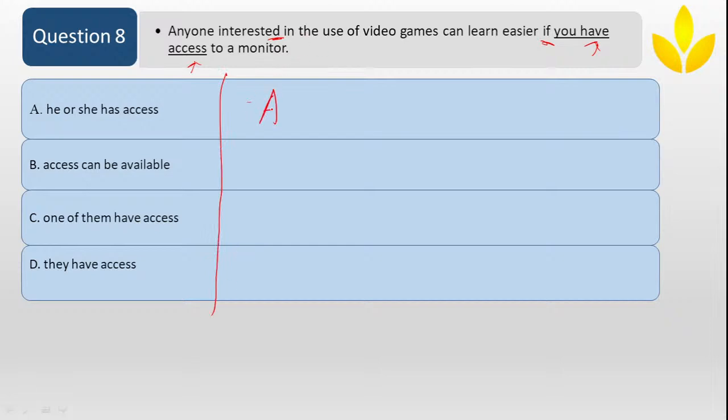Then they have used a pronoun anyone. Anyone is an indefinite pronoun. When we look at indefinite pronoun, can we reveal about gender? Can I say anyone, any number? No. Anyone, we cannot define he or she. This is the basic understanding.